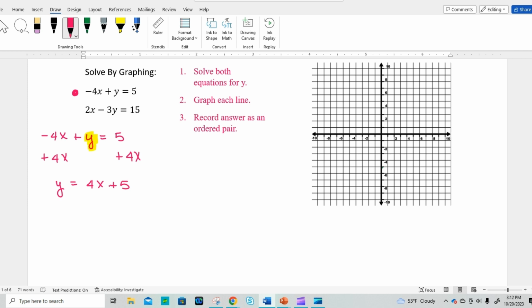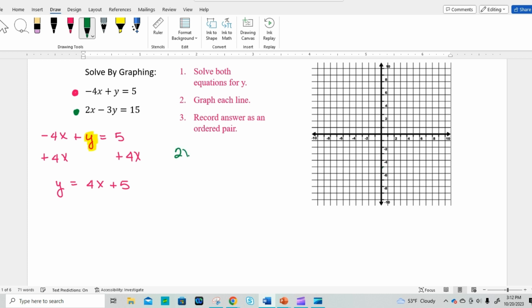If you're really good at identifying that, and there are some people who are, that's fine. You can put it in either order. Now before I go on to graph this, I'm going to solve the other equation for y as well, just so that's all done, and then we can just do the graphing part.